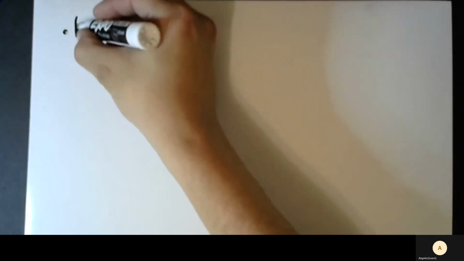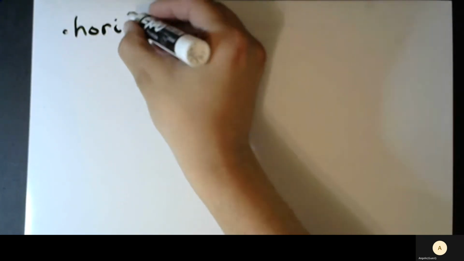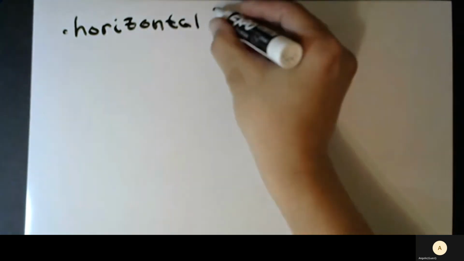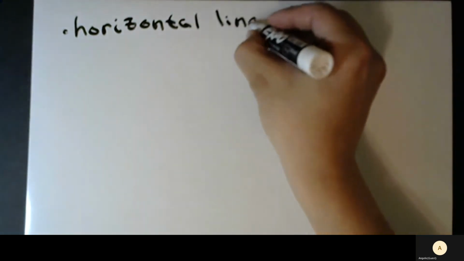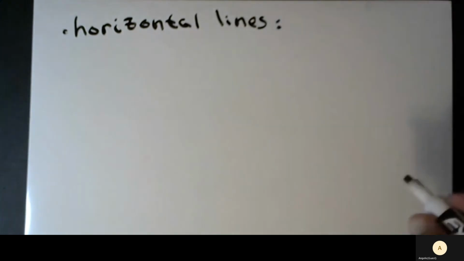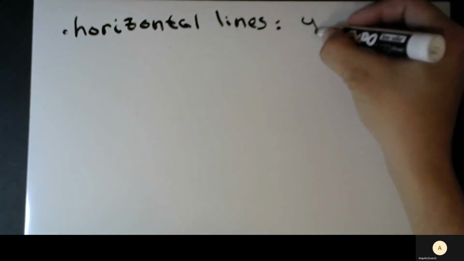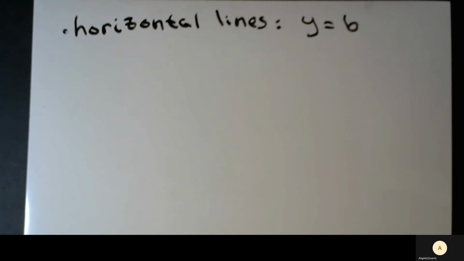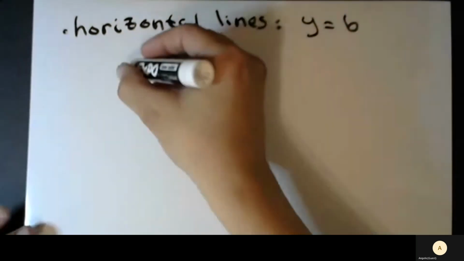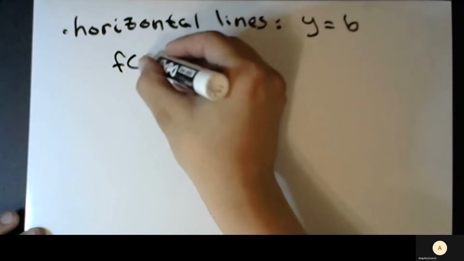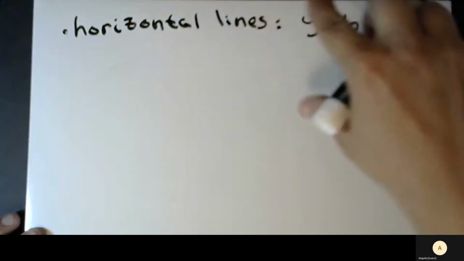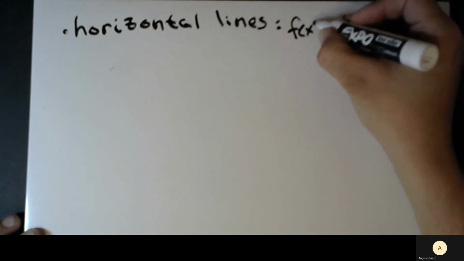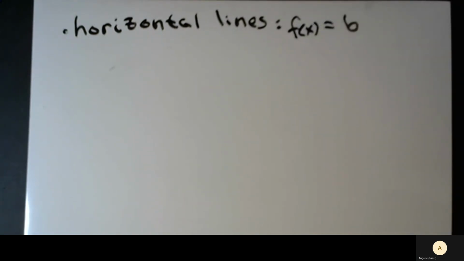So horizontal lines they're of the form y equals b. In other words, if you take f of x or y, well, I guess I better stay with f of x because they use f of x in the text. They're of the form f of x equals b.